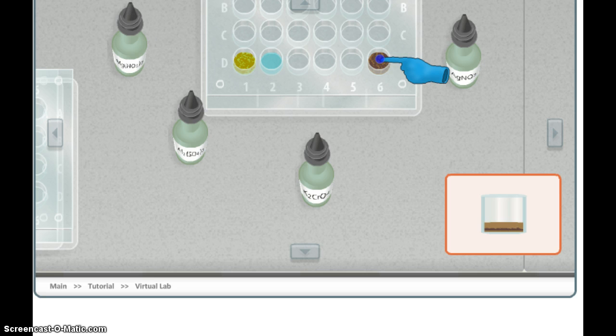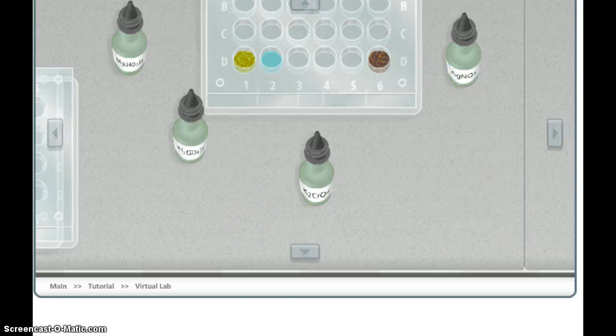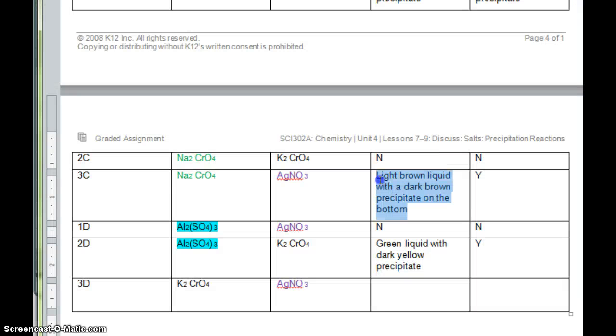And did we have a reaction? Yep, we did. And what would you say about the liquid and the precipitate? I would say a light brown liquid and a dark brown precipitate. All right, and we had that before.